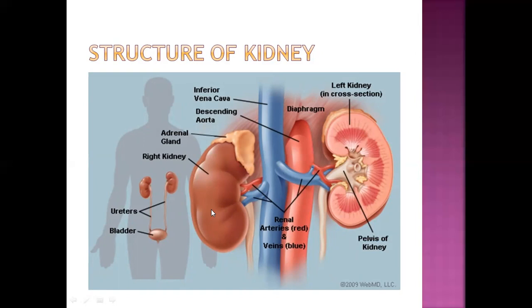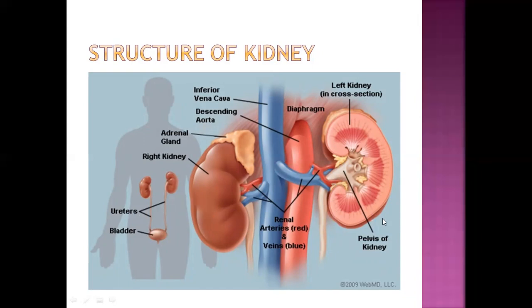On the upper end of both kidneys there are glands, which are called adrenal glands. Two blood vessels, an artery and a vein, both enter and exit the kidney. The blood vessels connected to the kidney are termed renal, so we can say renal artery and renal vein. And this tube is called the ureter.